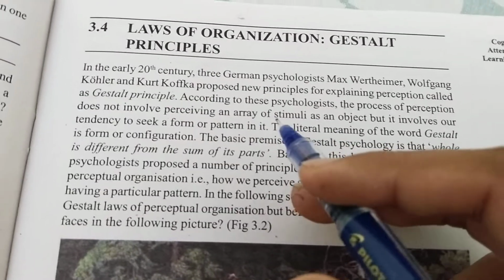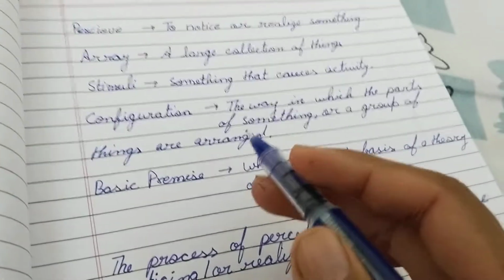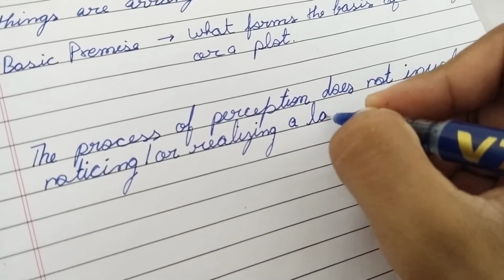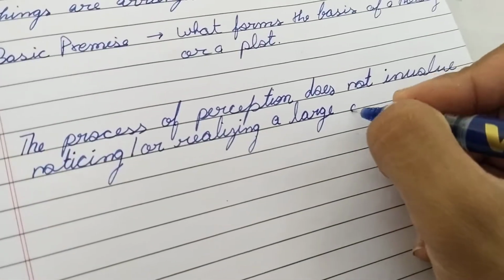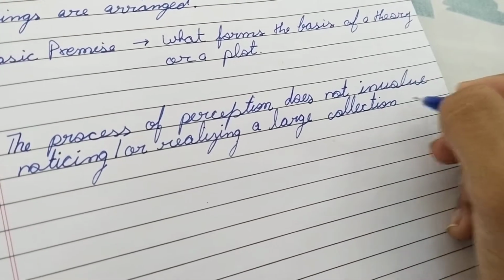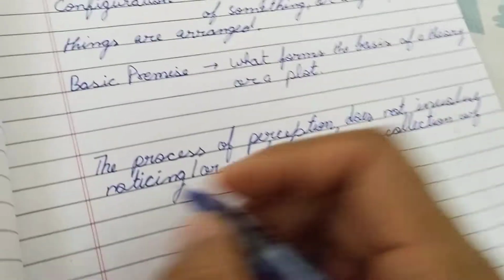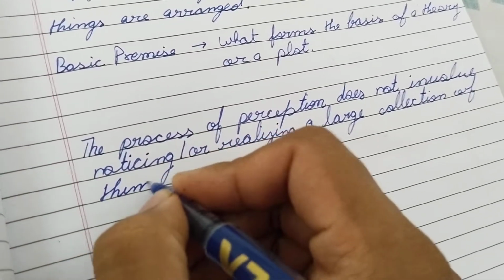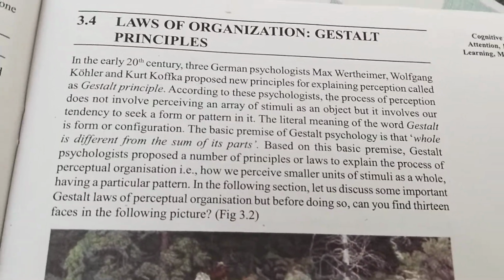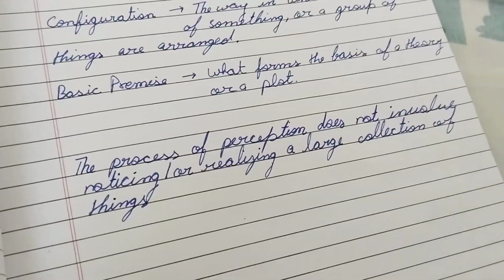So first write down the meaning of array. Noticing an array. What is an array? A large collection of things. Now moving on, the next word is an array of stimuli. What is stimuli? Stimuli is something that causes activity.